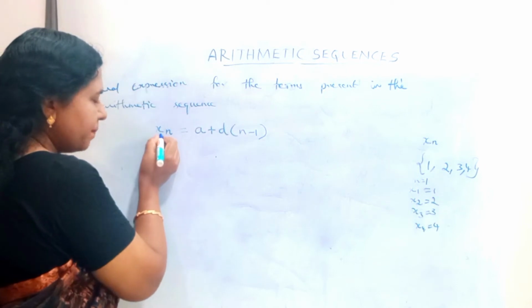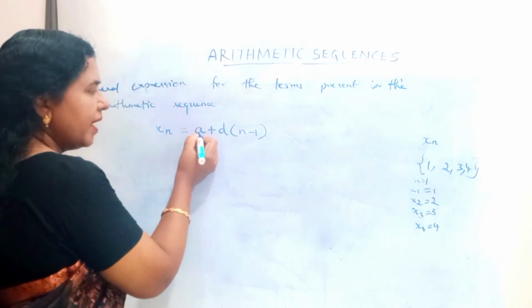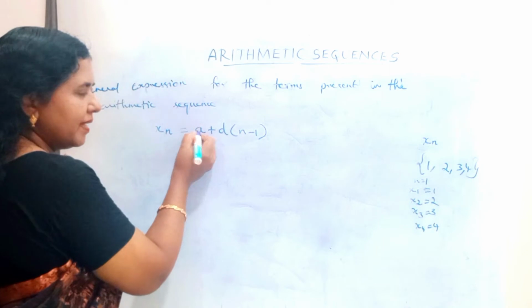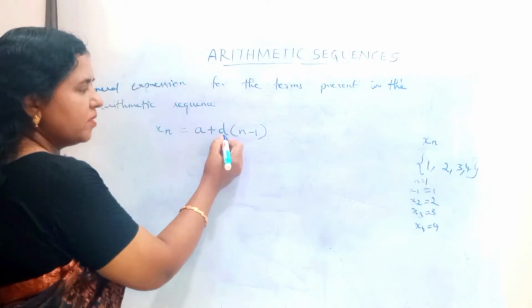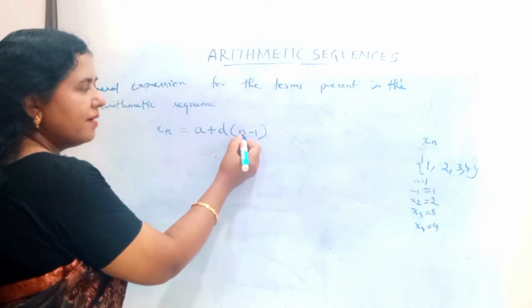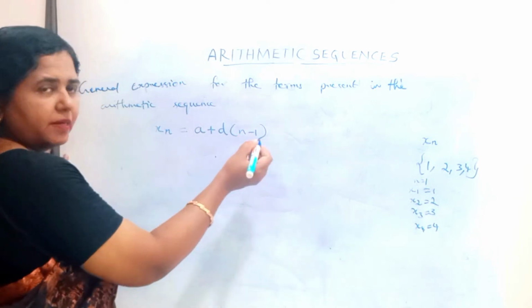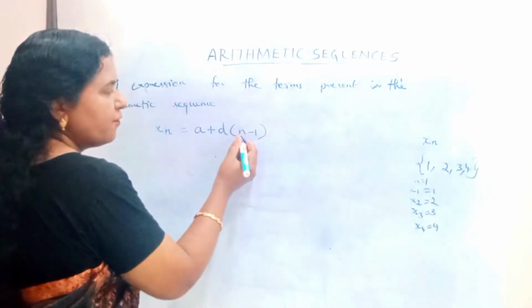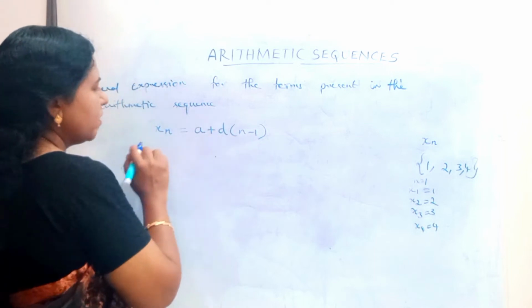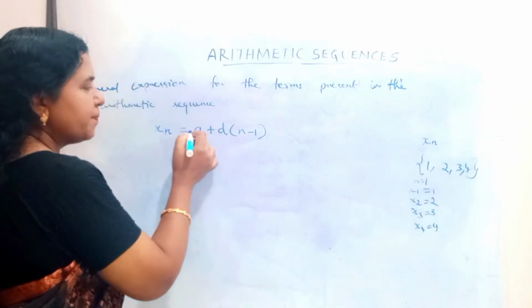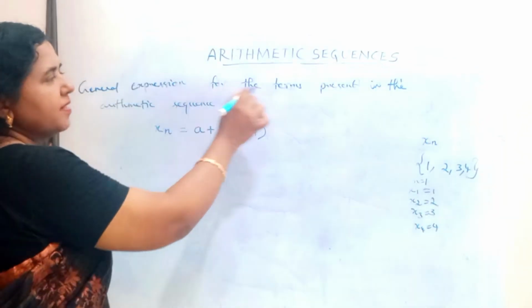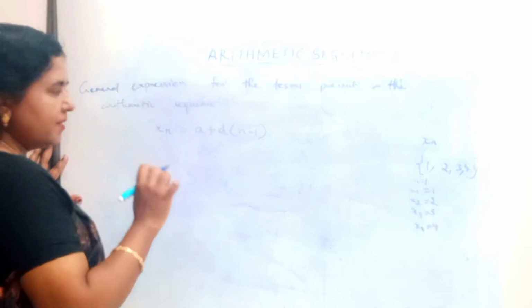Here a represents the first term, d represents the common difference, and n represents the position of the term. So for the first term, the value of n will be equal to 1. This becomes the expression for the terms present in the given arithmetic sequence.